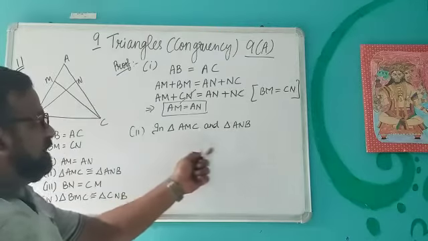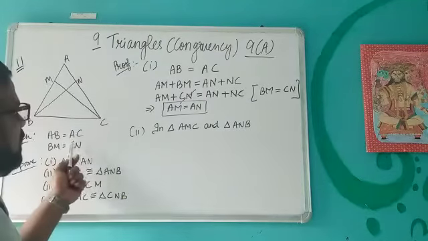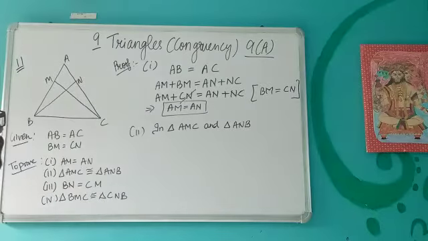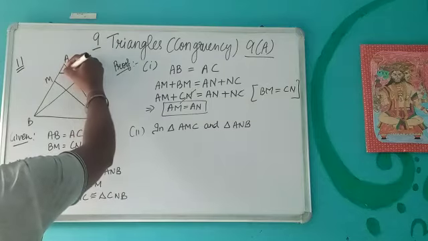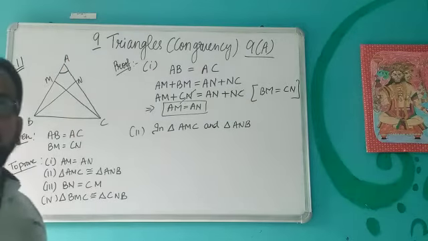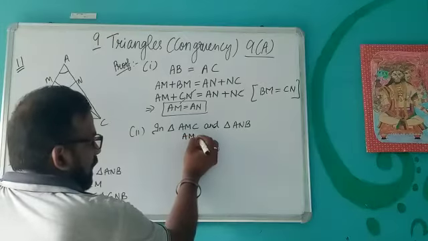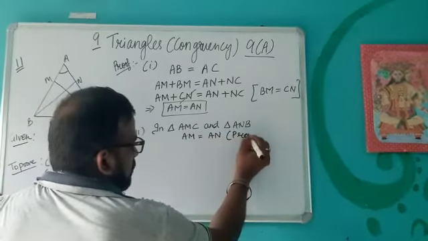Then AC equal to AB is known to us. They are equal, it is given. Then one angle we have to prove as equal to each other. So for that, you see this angle A is common in both the triangles. So we can write AM equal to AN. In the bracket we will write proved.